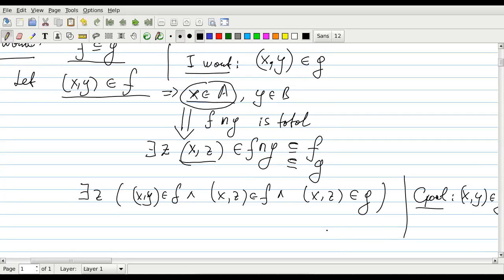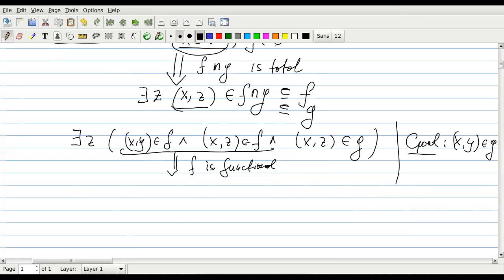Now we know that f, g, and the intersection of f and g are functional, so there is no splitting. So y should be equal to z. Of course. This follows from the fact that just f is functional. So we have that y equals z.